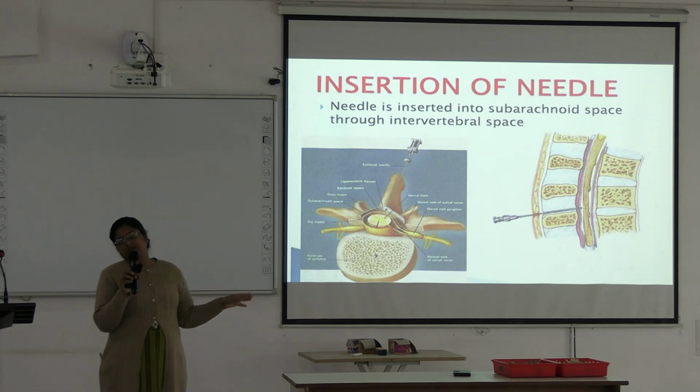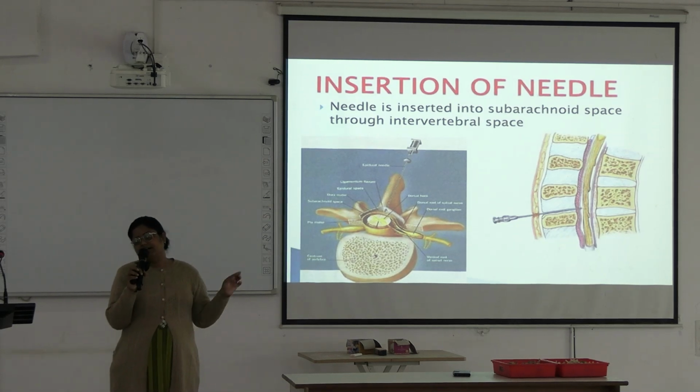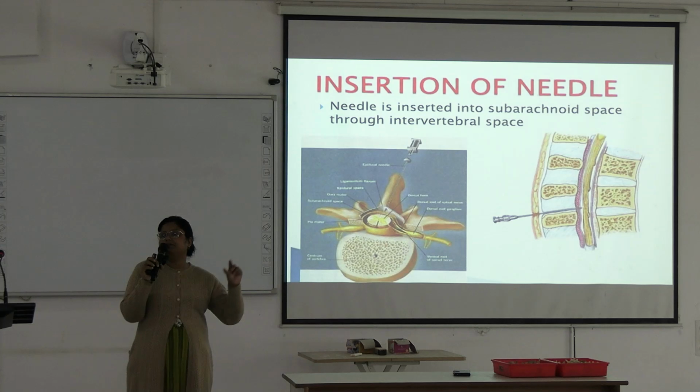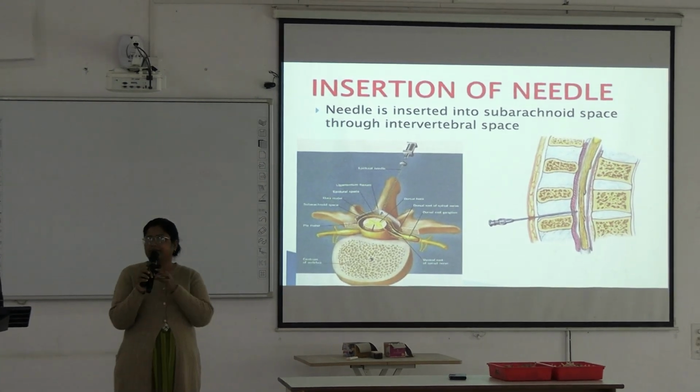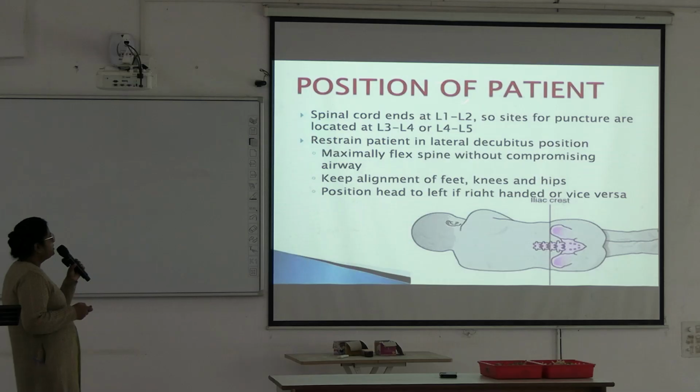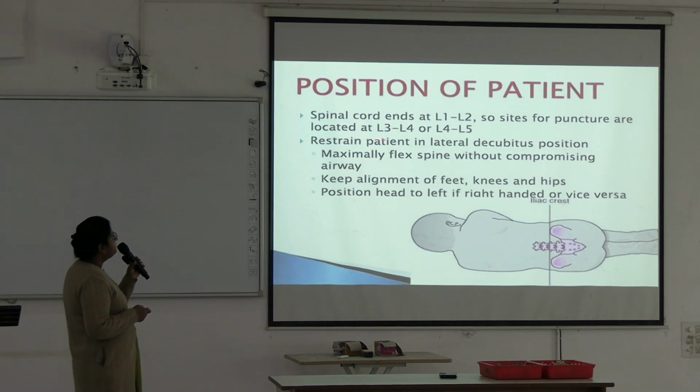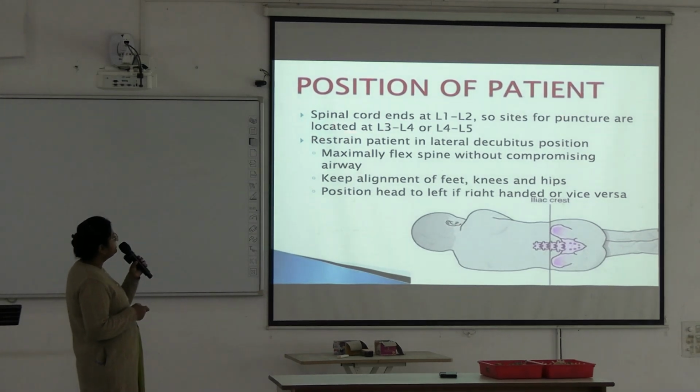So to prevent injury to the spinal cord, we do it at the vertebral junction between L3 L4 or L4 L5. Okay. Next, position of the patient. Spinal cord ends at L1, lumbar puncture is L3 L4 and L4 L5.